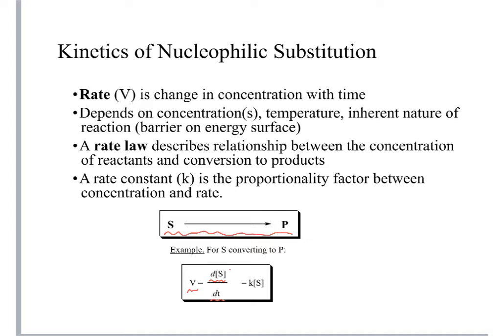So if we substitute the concentration of reactants and conversion to product with the proportionality constant k, then our rate becomes simply k times the concentration of S.